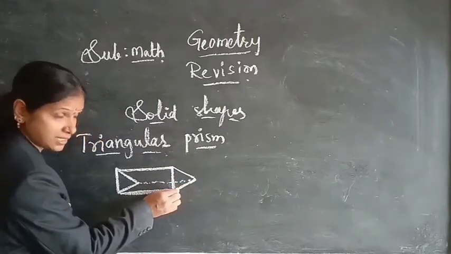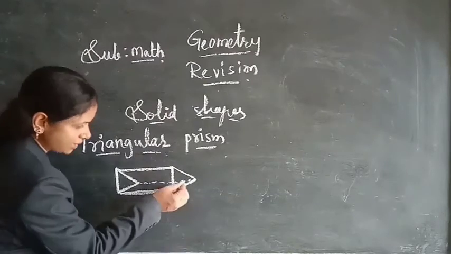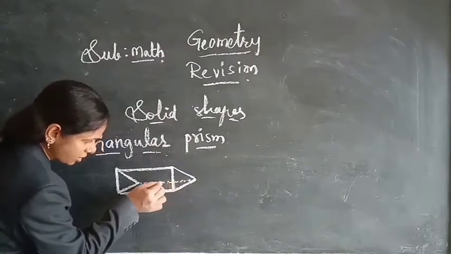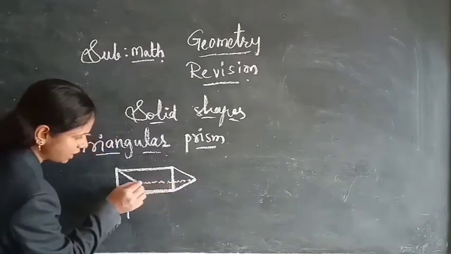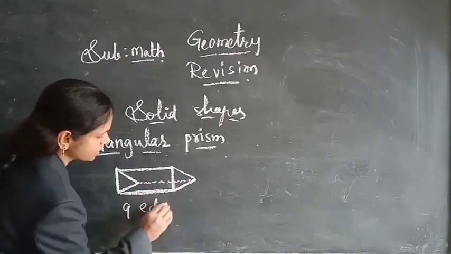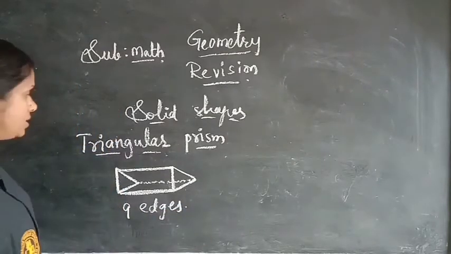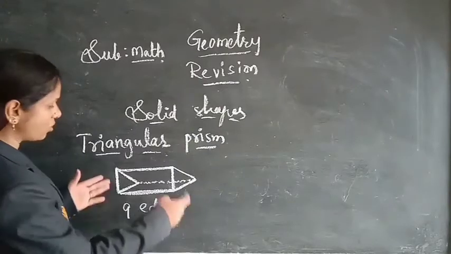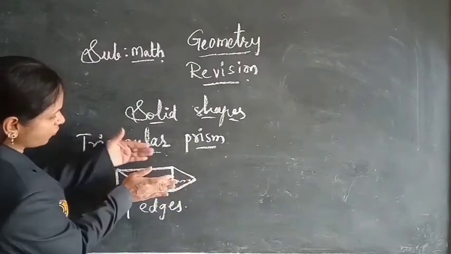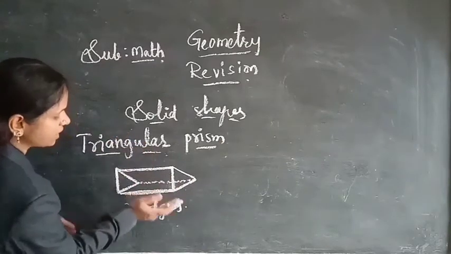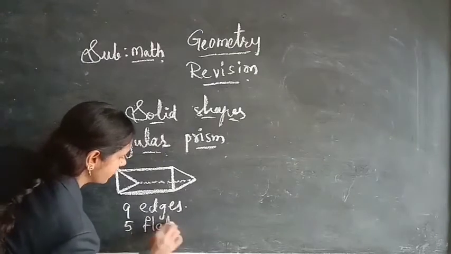And one more it has, children, that we can't see, but if you see the solid shape you can count it, and in the figure see this dotted one. So total 9 edges. This you should also treat as an edge. So a triangular prism has 9 edges. Now its surfaces, let's count. 1, 2, 3, 4 and the base is 5. So 5 flat faces.